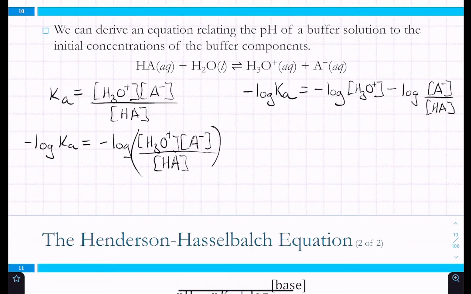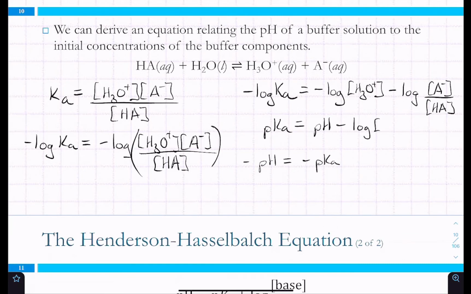Because the negative log of Ka is going to become just pKa, and the negative log of H3O plus is just pH. No, we don't distribute that. Because we're going to subtract pH on both sides, and we're going to subtract this pKa.